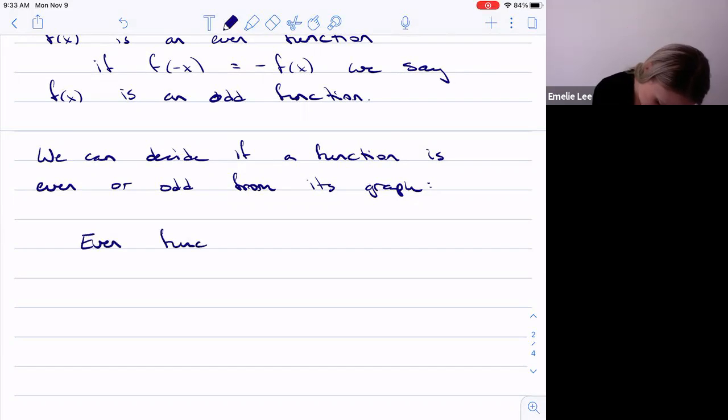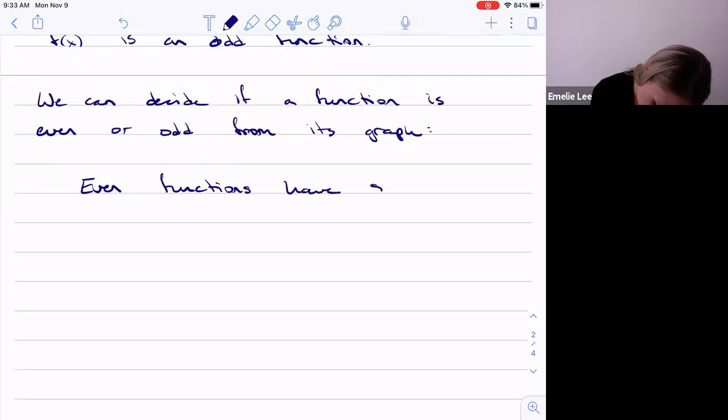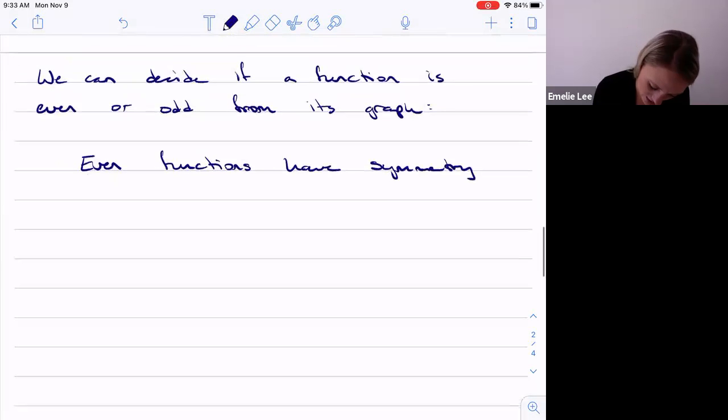Even functions have symmetry about the y-axis.